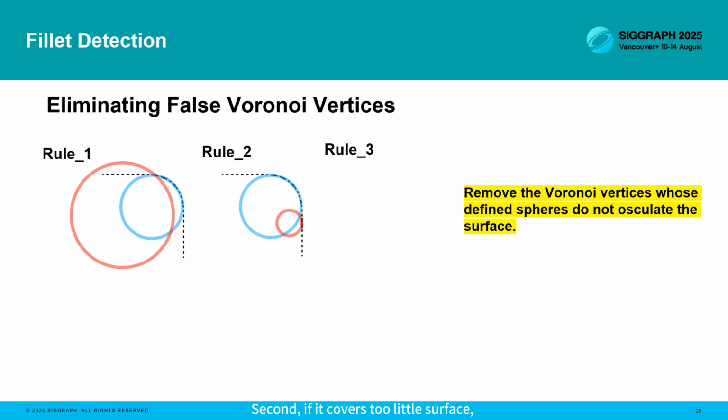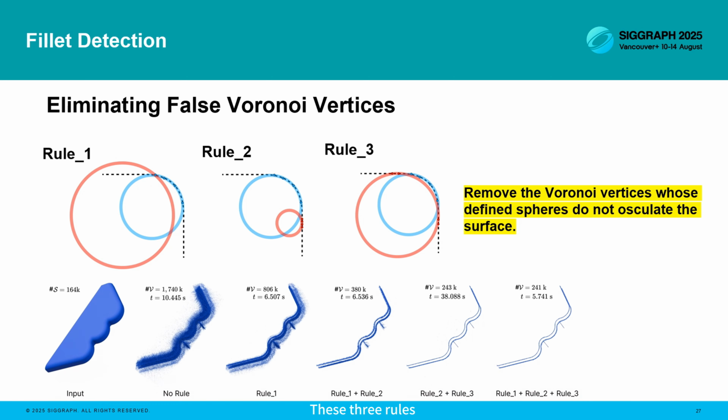Second, if it covers too little surface, the Voronoi vertex is just tangent, not truly osculating the surface. Finally, if the covered area isn't connected, that Voronoi vertex doesn't meet the osculation condition. These 3 rules significantly reduce the number of Voronoi vertices and improve the overall efficiency of the algorithm.